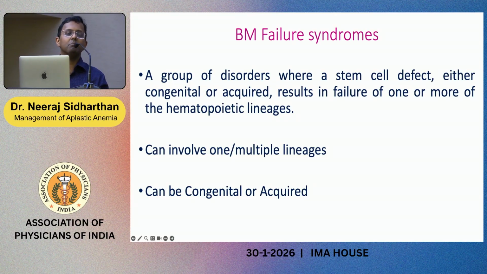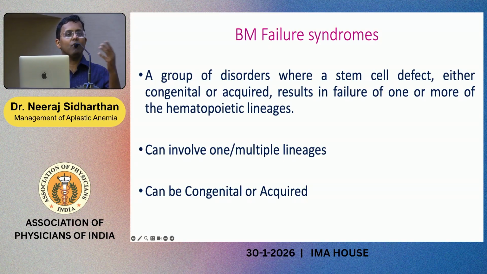now, BMFS. That is the new terminology, that is bone marrow failure syndromes. So we know it is not a single disease. You have inherited and acquired. So it's a group of disorders now. And we know the pivotal problem is the stem cell defect. And it can be congenital or acquired.